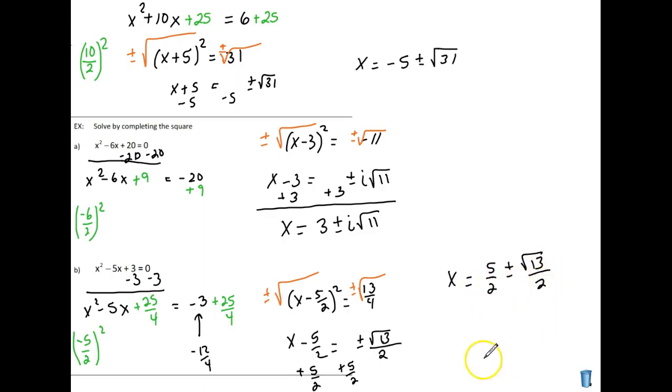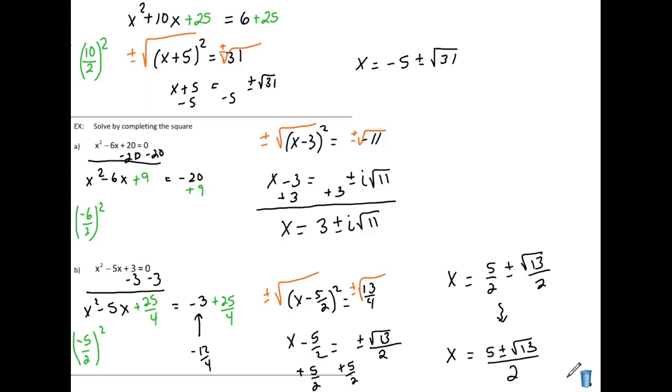Since these are both with the same denominator, the book will likely rewrite these as x equals 5 plus or minus root 13 all over 2. Now, if they weren't the same denominator, they would not add them this way, or you would have to find a common denominator in order to add them.